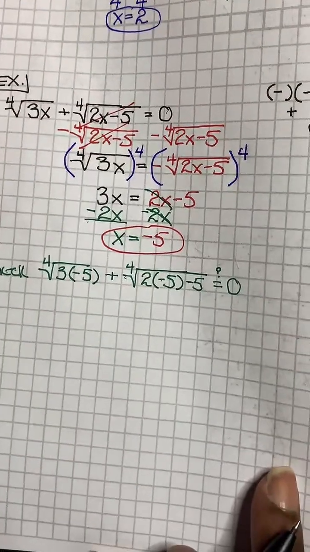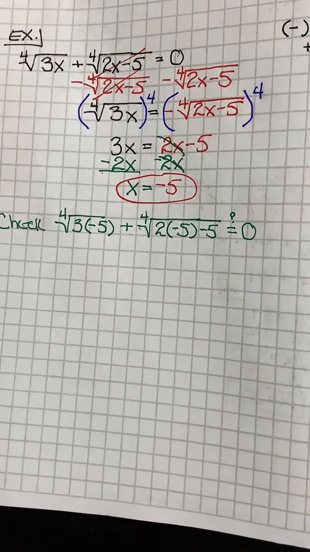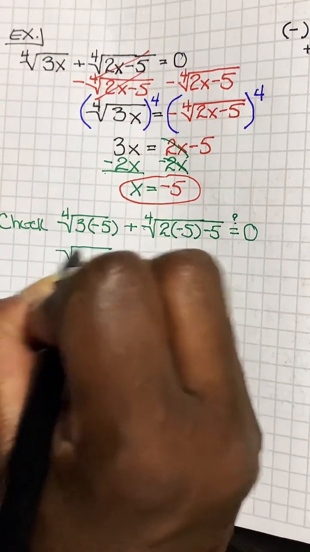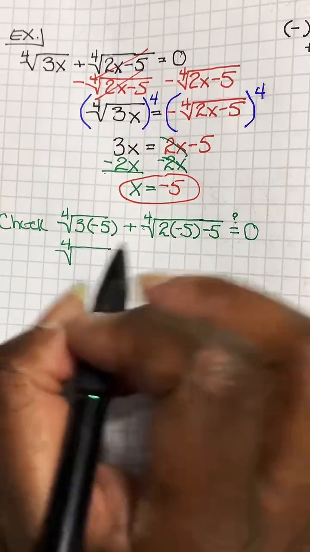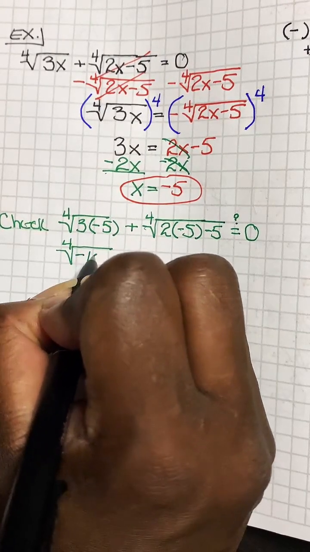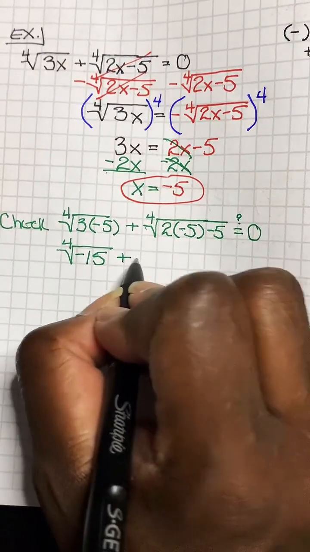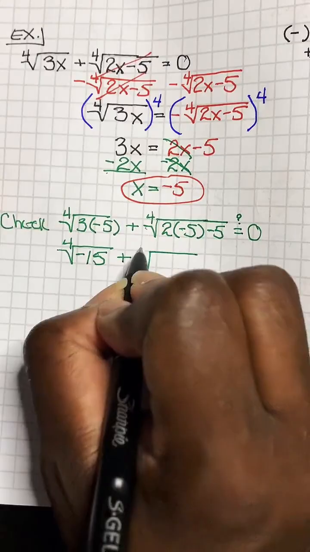So here we go. All right, so we have the fourth root of 3 times negative 5. That gives me negative 15. And then we have our plus the fourth root.